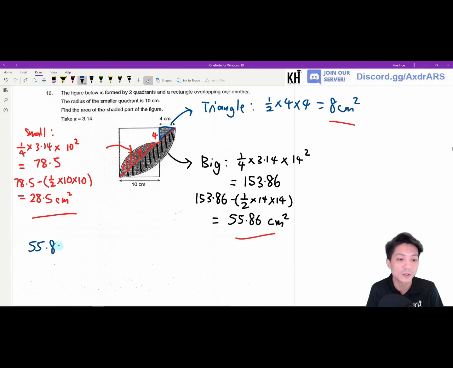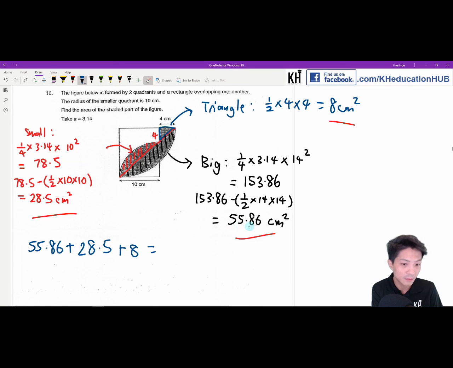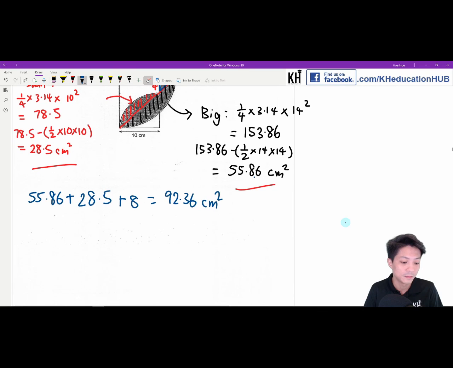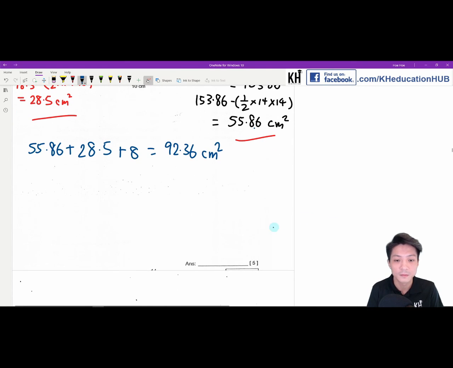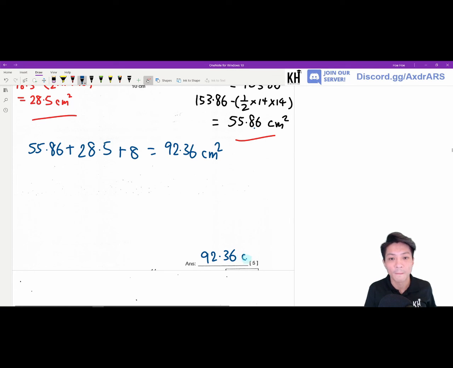Okay, 55.86 plus 28.5 plus 8. Okay, so the total area will be 92.36.